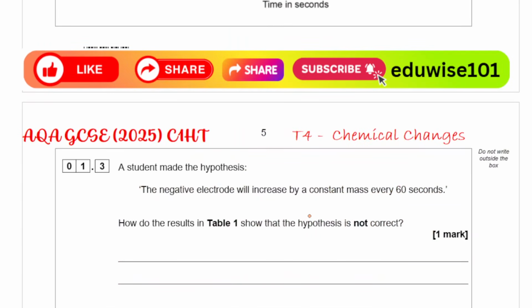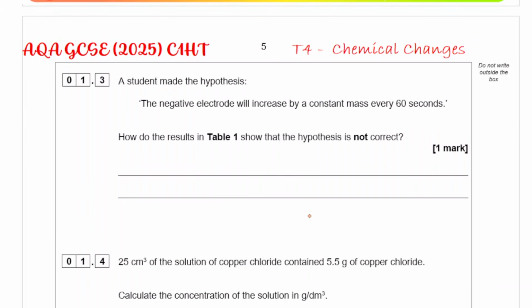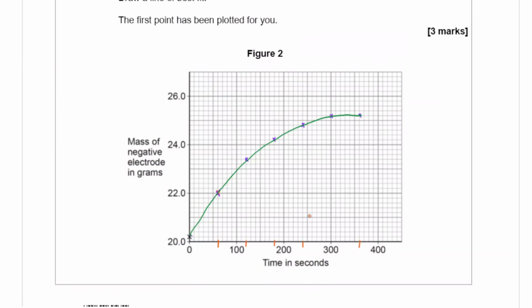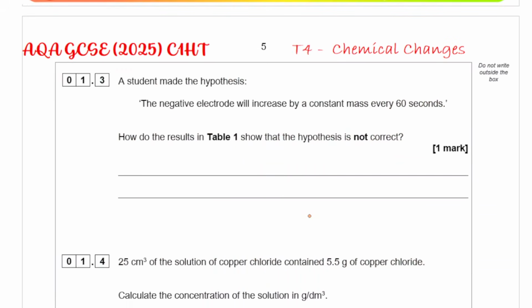The student made the hypothesis: the negative electrode will increase by a constant mass every 60 seconds. How do the results in table 1 show that the hypothesis is not correct? Well, if it did increase by a constant mass every 60 seconds, it would actually be a straight line, not a curved line.